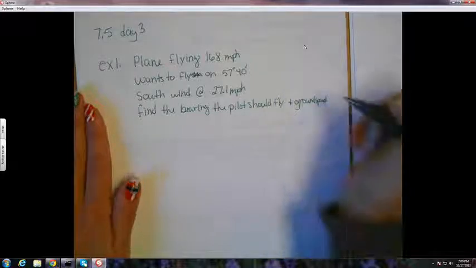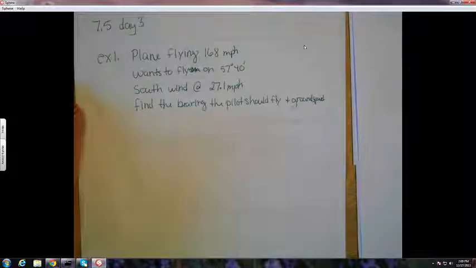So this is where a pilot or a computer would have to account for the wind. She knows what direction she wants to fly in, 57 degrees, so she wants to fly this way, but she's got to account for the wind. If she points the plane about this way, hopefully the wind pushes her over there. That's the kind of problem we're talking about. She's got to account for the wind and end up on this bearing.